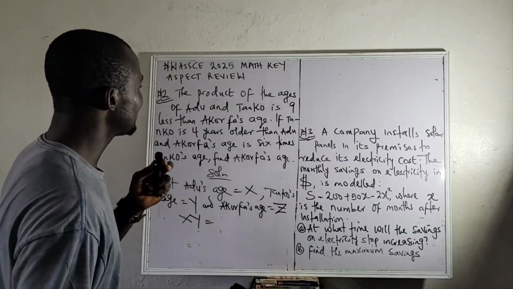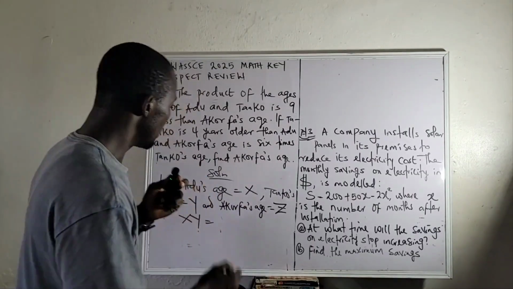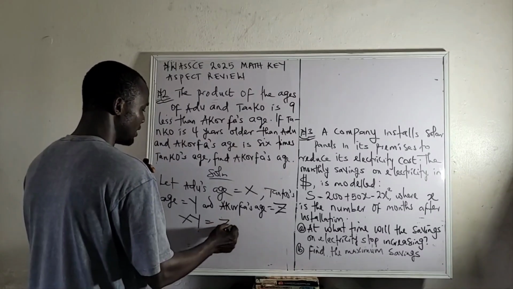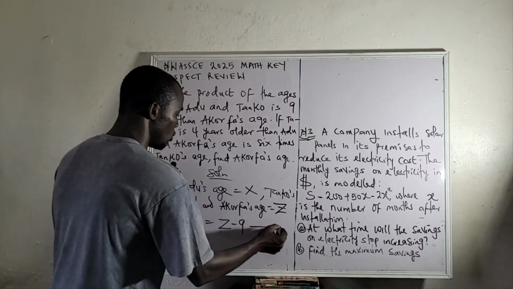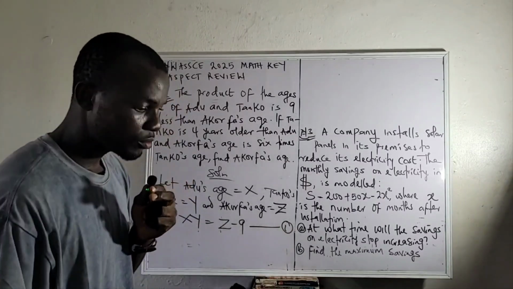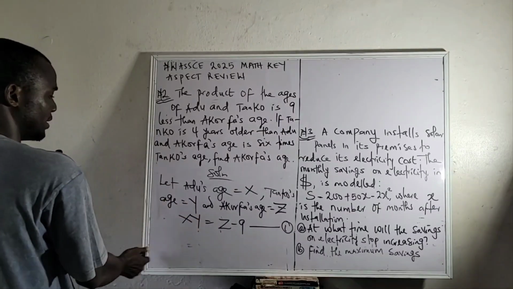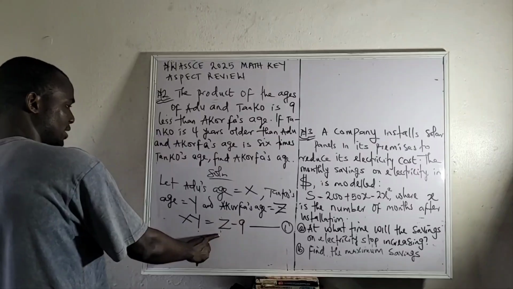When you say 9 less than Akofa's age, it means that the product of their ages is less than Akofa's age by 9. That will be Z minus 9. That is the representation right there. Let's call that our equation 1. The product of Adu's and Tanko's age is equal to 9 less than Akofa's age, which is Z.